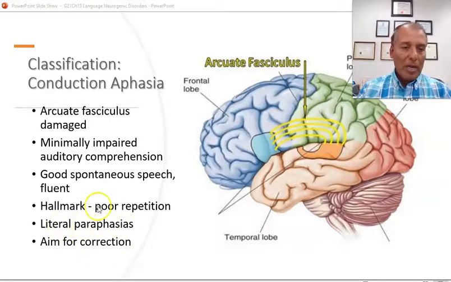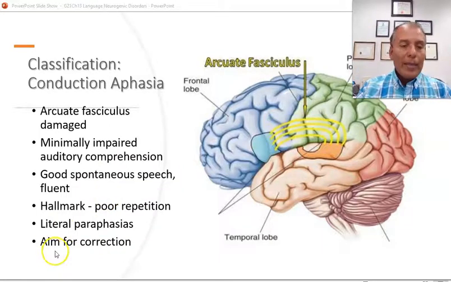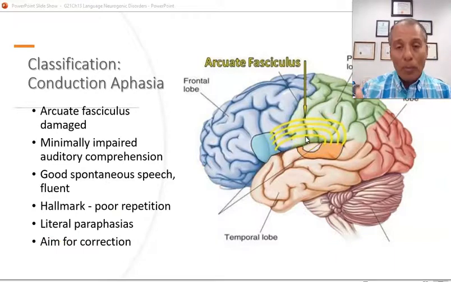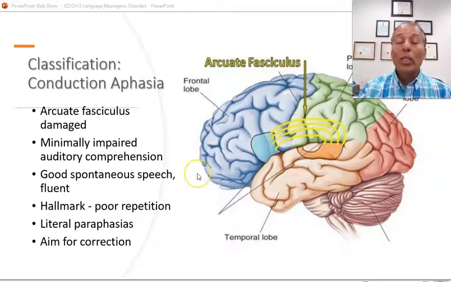That's literal paraphasia as compared to verbal. Verbal is a whole word. And then the person is aware that there's a problem, so they try to make corrections. But the one who has Wernicke's is not aware. They just think they are making great sense when they do not, indeed.